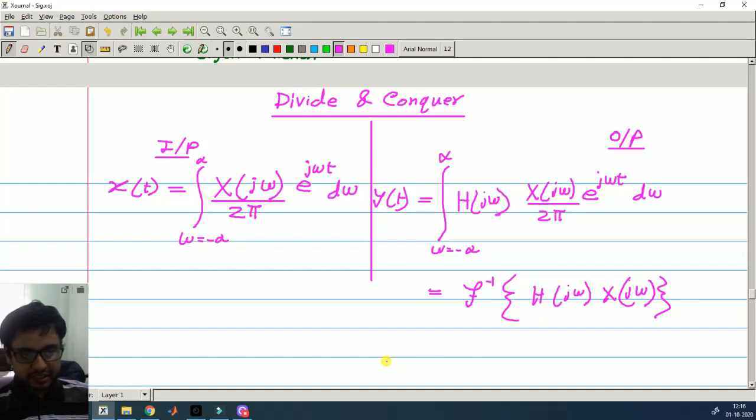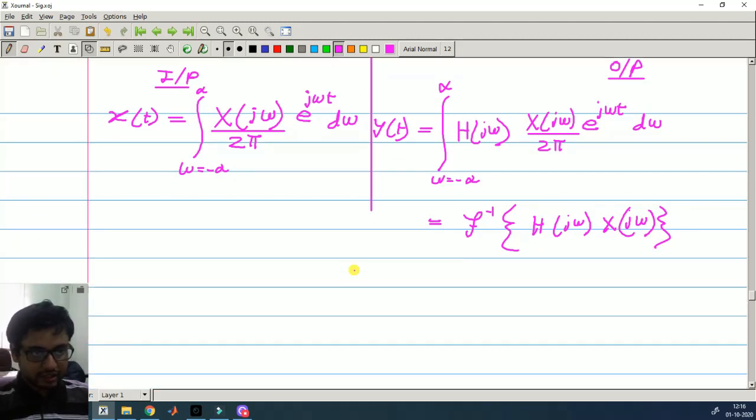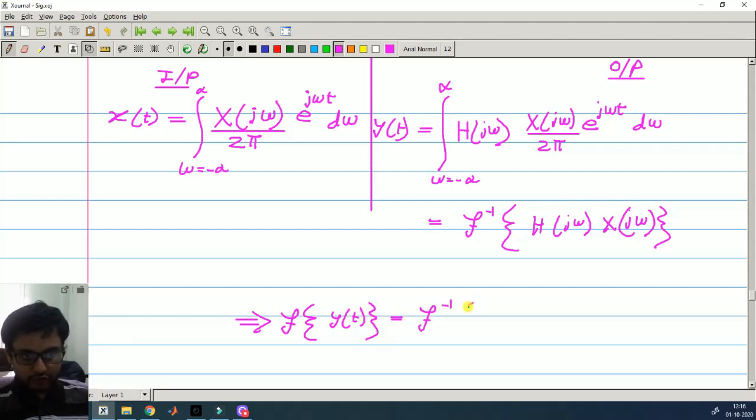and from this you can easily say that the Fourier transform of y is equal to the Fourier transform of small h and the Fourier transform of x.